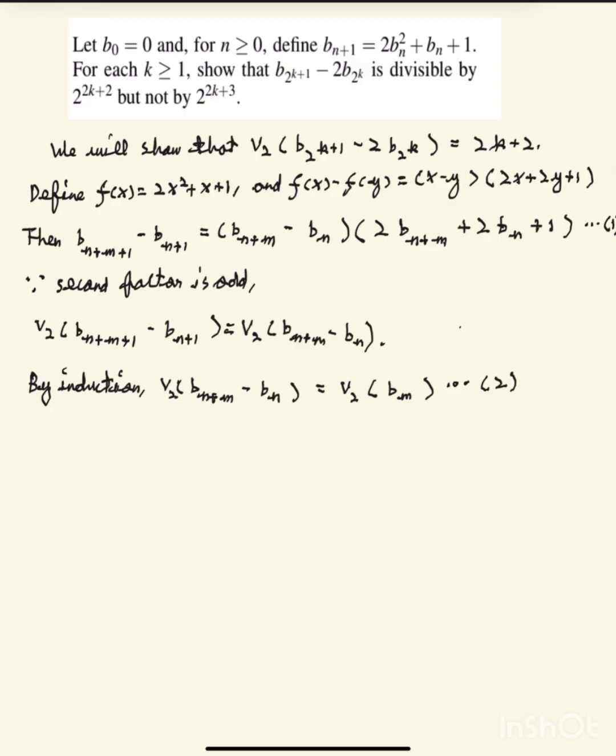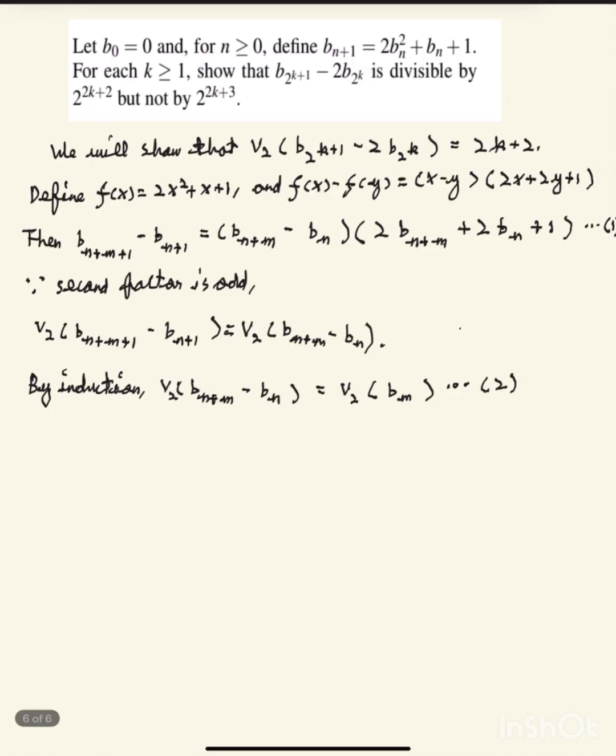Okay, so now we introduce some notation.